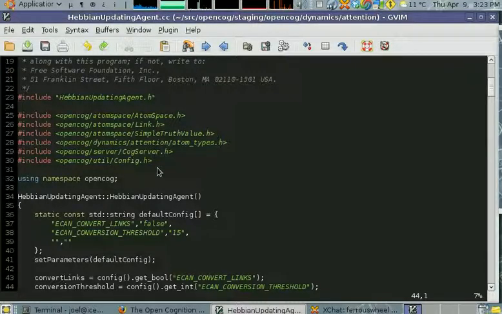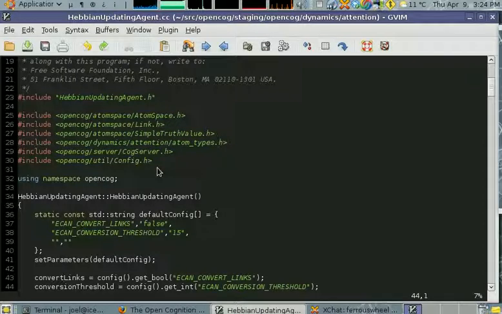Because truth values can't have negative values in them, in order to represent a negative correlation, where one is in the attentional focus and another atom isn't, we need an inverse Hebbian link.